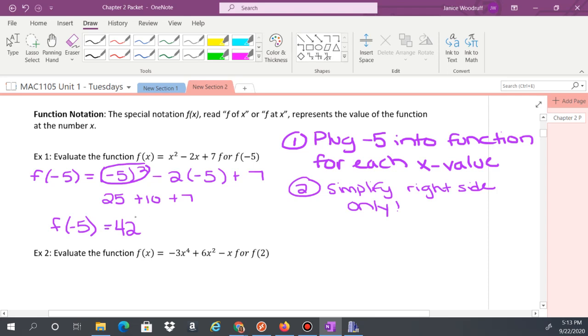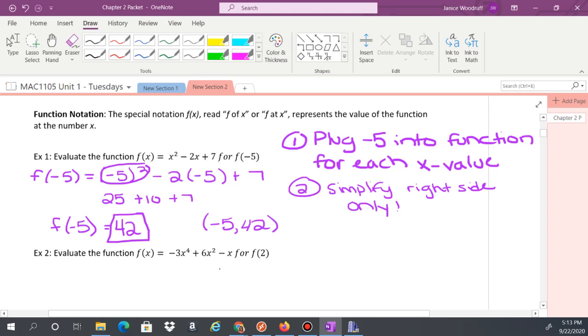I am not solving for f. I am evaluating the function for the value negative 5. If this were an ordered pair, this would be the x value, this would be the y value. So we'd have the ordered pair negative 5, comma, 42.